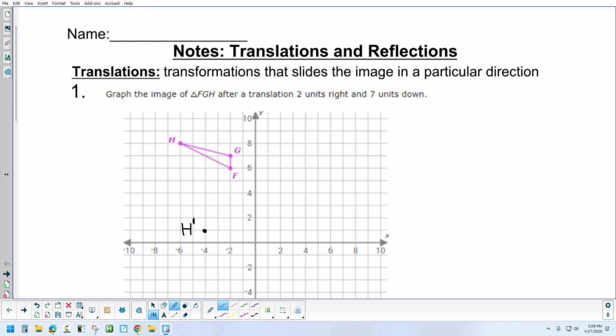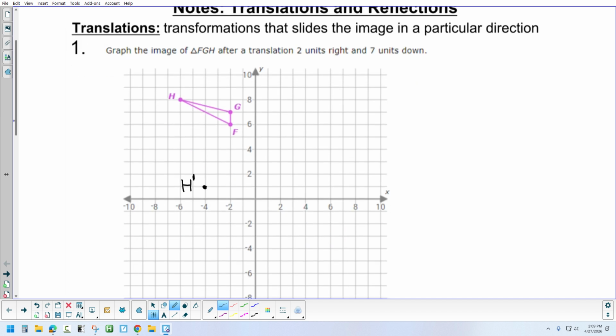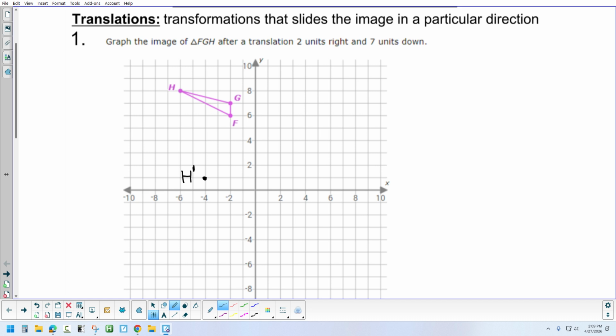All right, Caleb, how about G? How would I translate that point? What are they asking us to do? 2 units right and 7 units down.